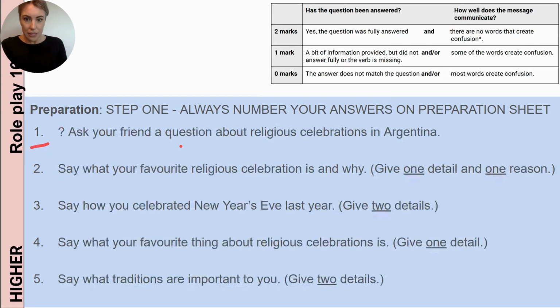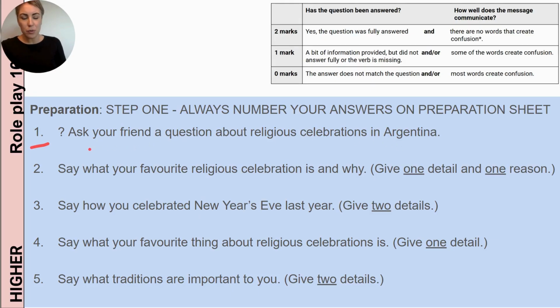So once you do that, then you work on your answers. Now, ask your friend a question about religious celebrations in Argentina. I will work through model answers, then I will give you some time to prepare your own answers based on the models, and then we will have a pretend role play. And then I will show you what the questions I asked you during the role play were.